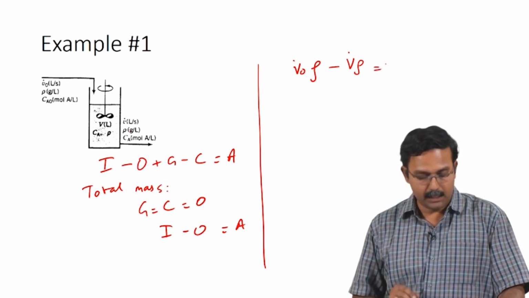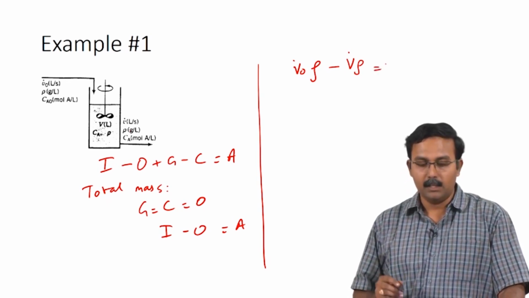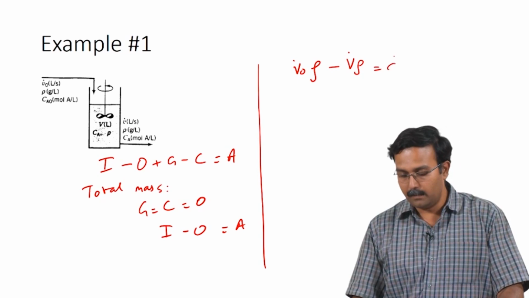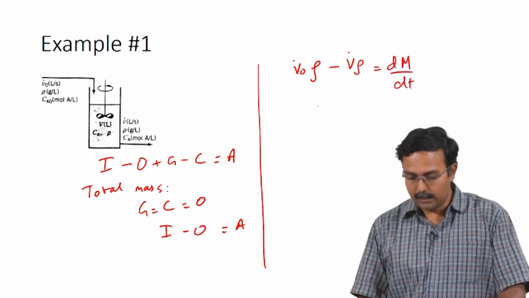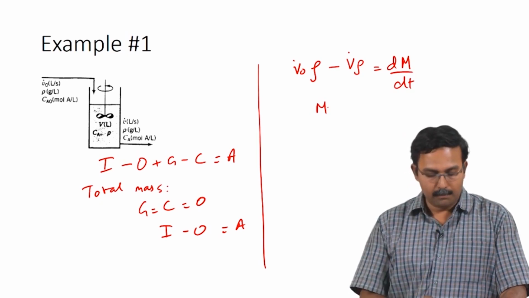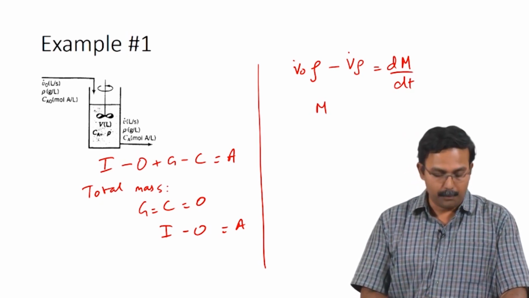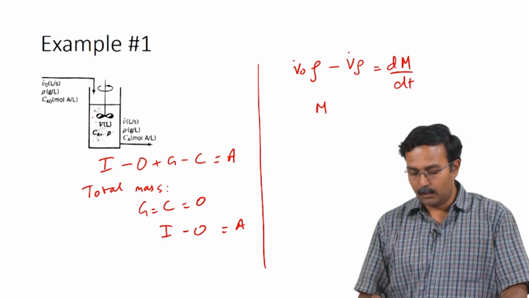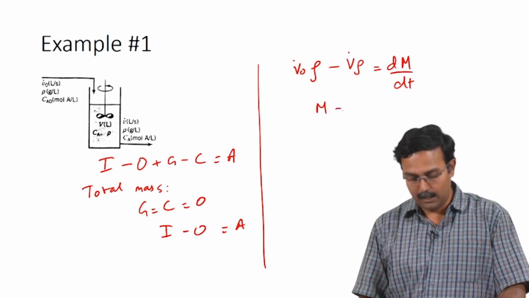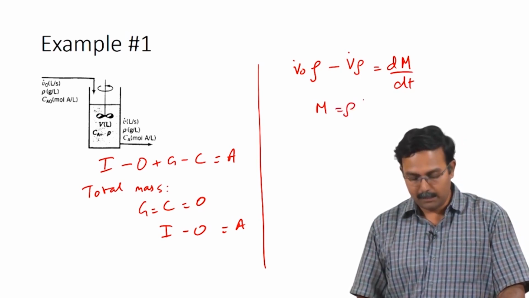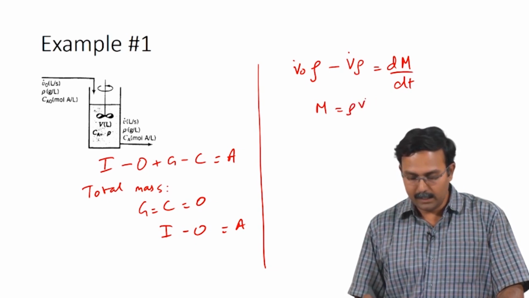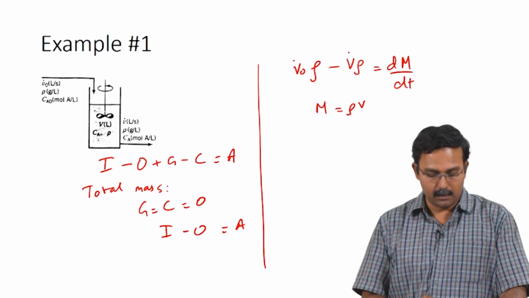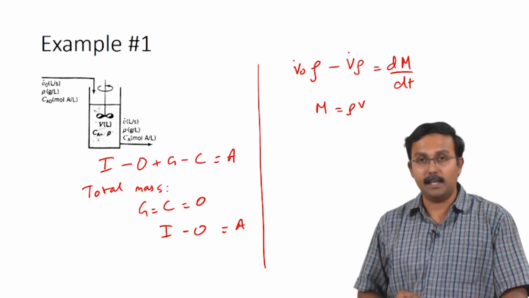Now the accumulation term has to be accounted for. The accumulation term would be dm by dt. Here m is the total mass of the components inside the reactor. So, how do we account for this m? That would be equal to rho times V, where rho is the density and V is the volume in liters of the reaction mixture inside the reactor.